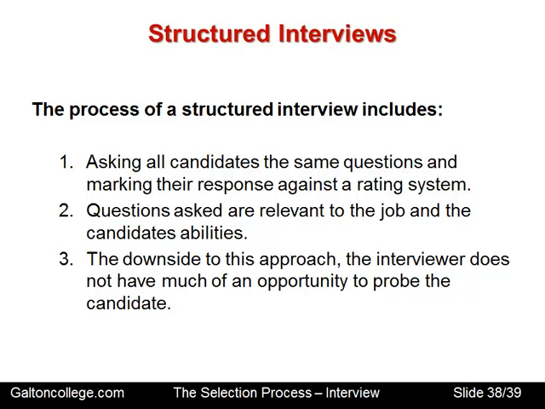But the candidate might want to explain why he left the previous employment and why he didn't go to study engineering as opposed to studying something else. So he, or she, might want to give elaboration, but the structured interview doesn't give an opportunity to do that.